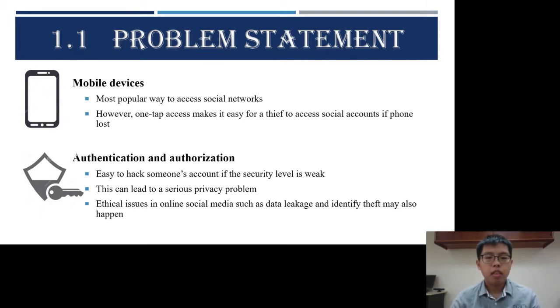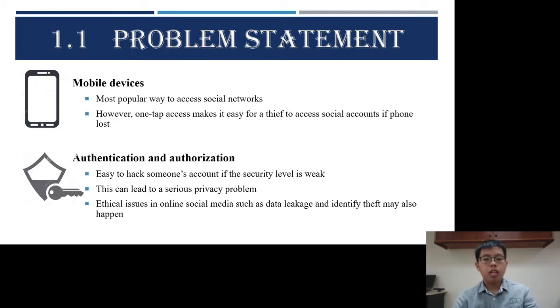That's why the application or social media should have very strong authentication and authorization to help prevent this kind of thing from happening. So even if the mobile device is lost, the social media itself can protect the user information.